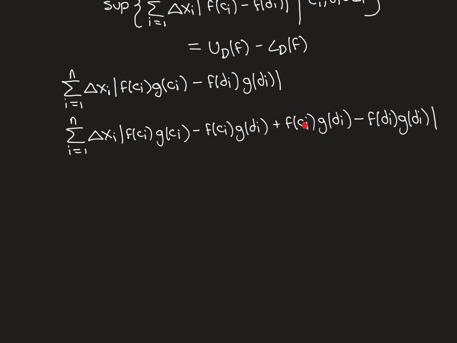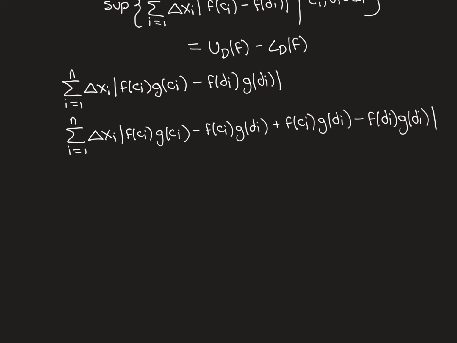So we've got f evaluated at ci times g evaluated at di, so that it cancels for every single one of the terms of the sum. And then we've got minus this bit again, f evaluated at di times g evaluated at di. So hopefully you agree that this is still equal to this.